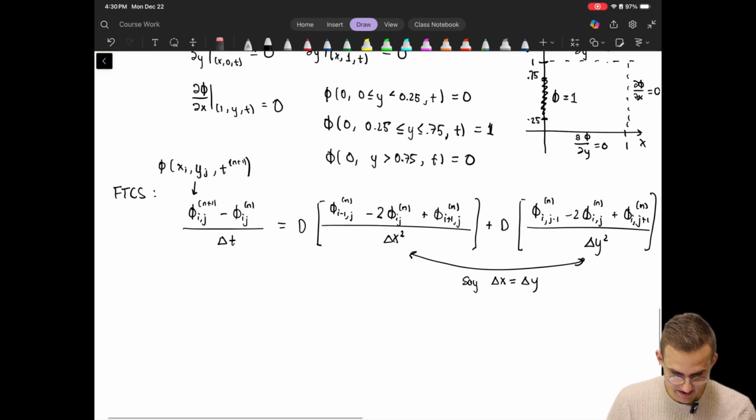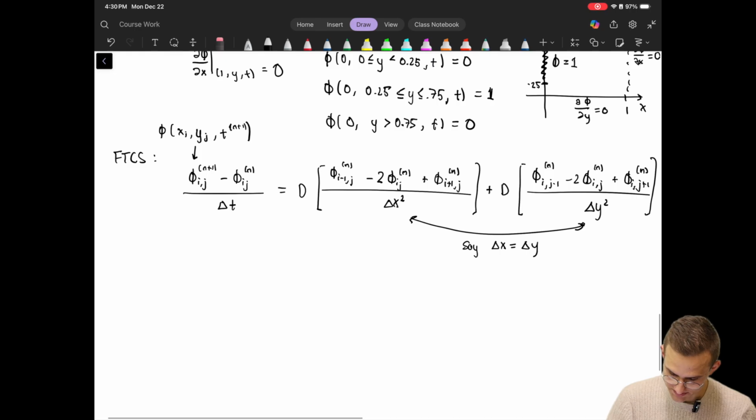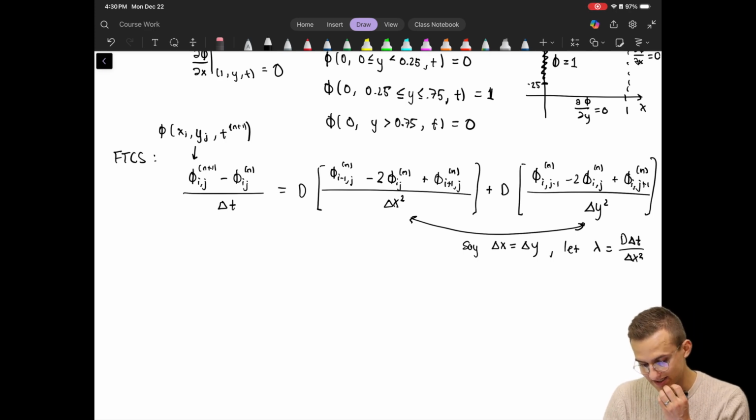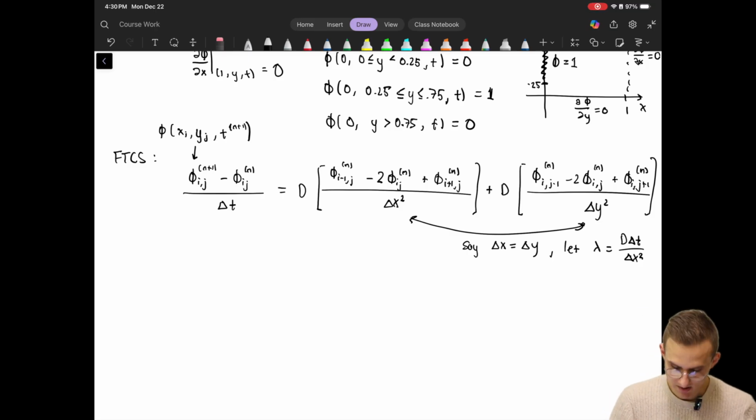Okay, and then we'll let lambda be equal to the same sort of type of value. This time we don't have alpha, we have D, but we'll still just let it be equal to D delta t over delta x squared.